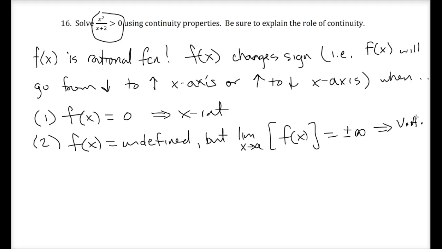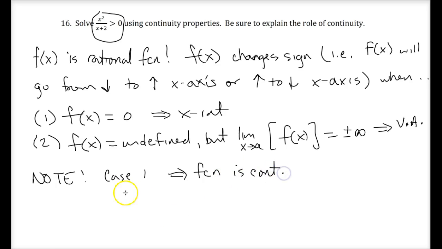So how continuity plays a role in this is that for case one, this is when the function is continuous and it changes sign. For case 2, the function is not continuous and it changes sign. Okay?